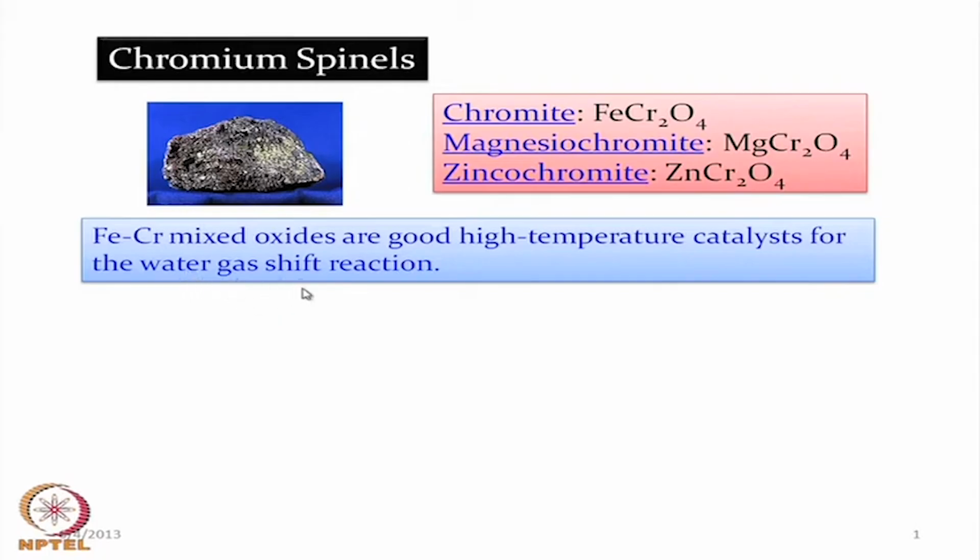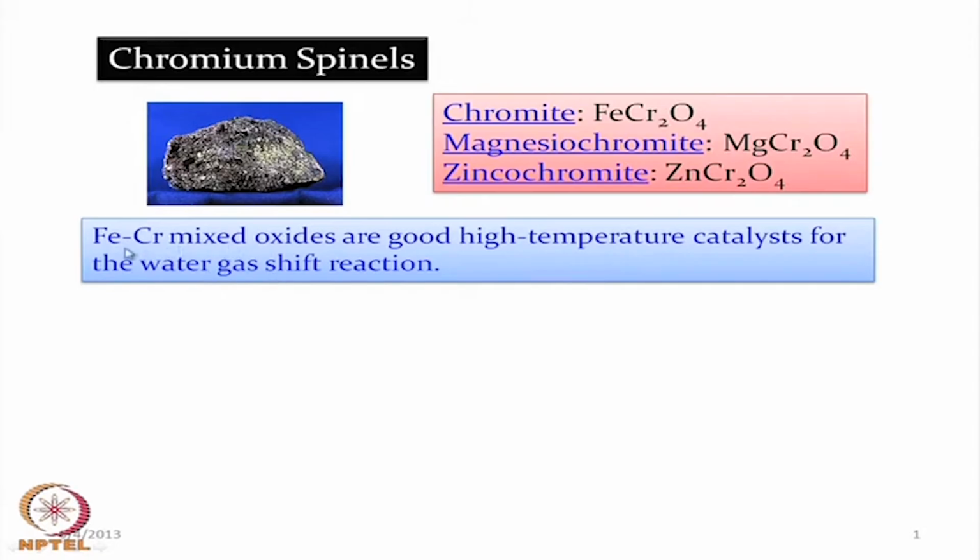The water gas shift reaction can show some catalytic activity due to the presence of either chromite or some synthetically prepared material, which we can prepare in the laboratory, for its catalytic behavior.